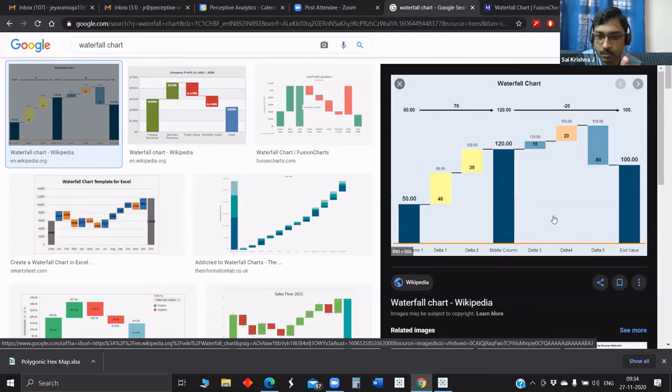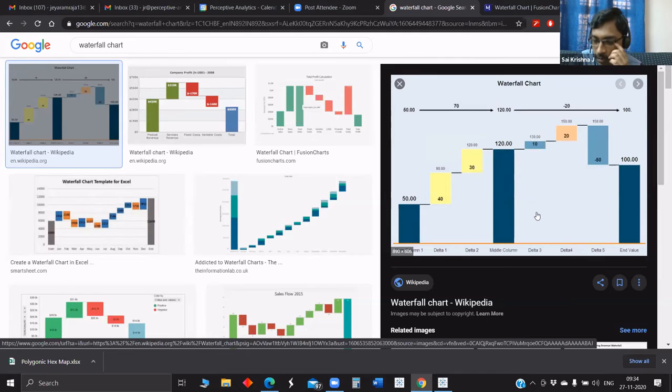The journey from main column 1 to the middle column goes from 50 to 120, which is an addition of 70, and the second part of the journey, going from the middle column to the end value, is a reduction of 20. That's why they have displayed minus 20. And the yellow bars between the main column 1 and the middle column are basically the reasons which constitute that difference of 70 between the 50 and 120.